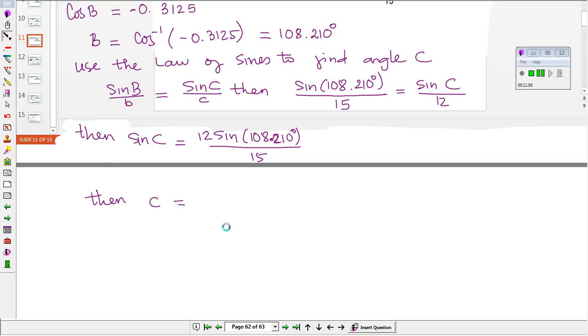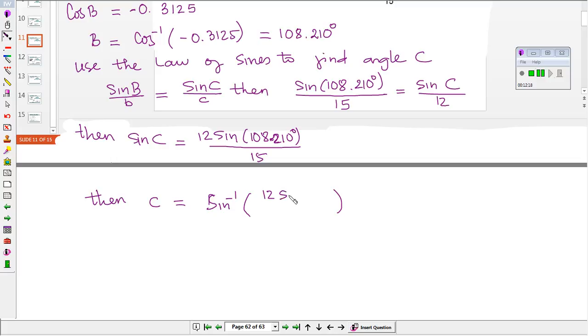Then the angle C will be inverse sine. Now you can put this expression in your calculator.